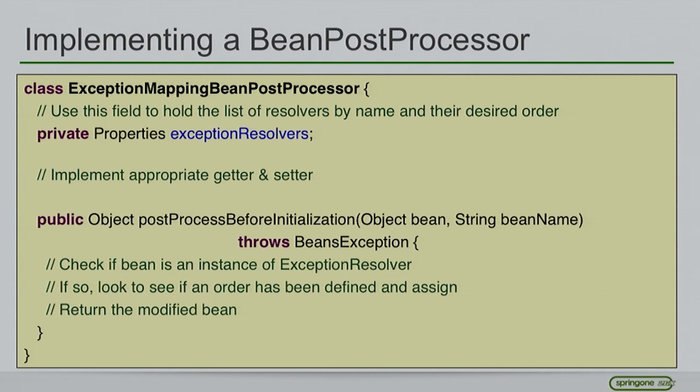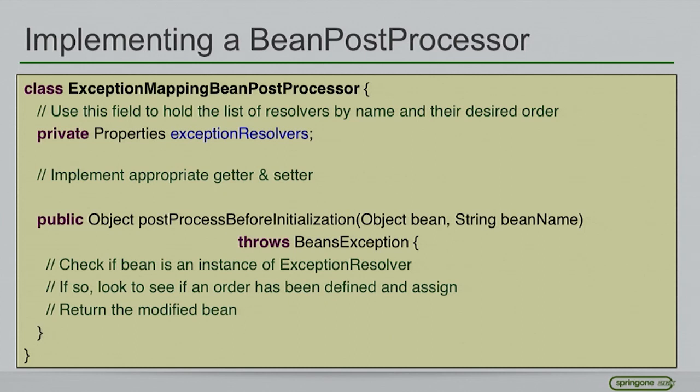That's going to require me to implement at a minimum both of the methods, but what I'm going to do is use postProcessBeforeInitialization, and I'm going to write some logic that essentially checks the bean and says, is this bean an instance of exception resolver? And if so, then check to see if an order property has been defined for that particular bean by its name, and then if so, change the order property to something else.